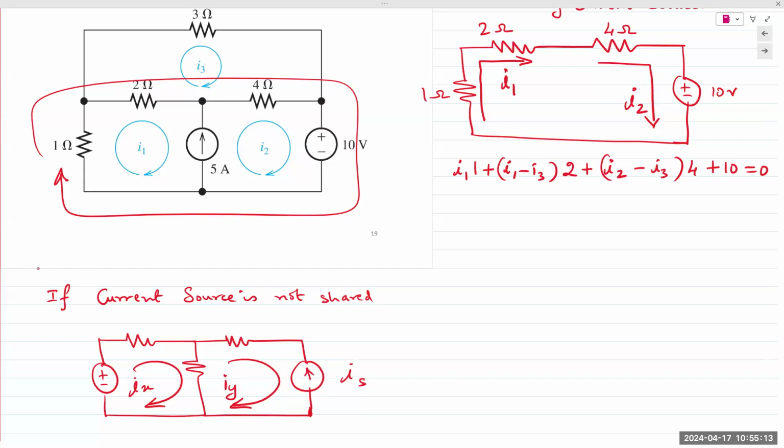What do you see right off the bat? You have IS that is not shared. It belongs to mesh 2, which has mesh current IY. What can we write about the relationship between IY and IS?